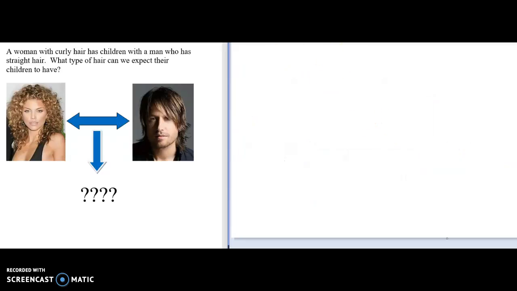Alright, so I want you to make sure you guys can do monohybrid: 1 trait, 2 variations.